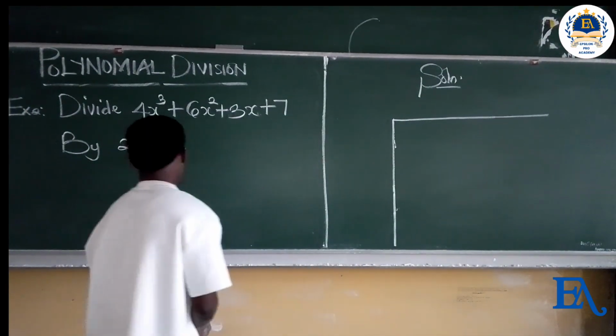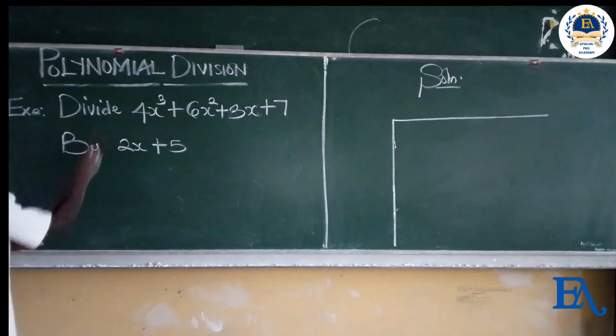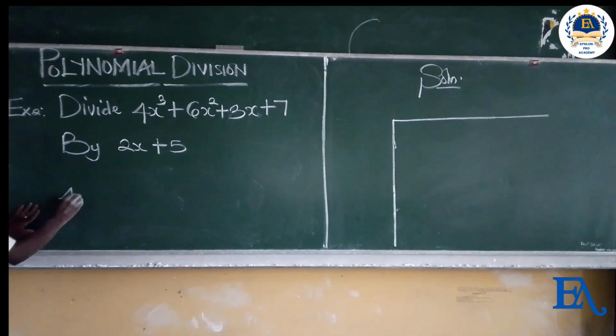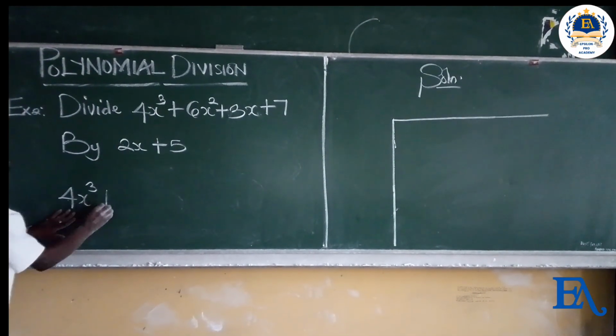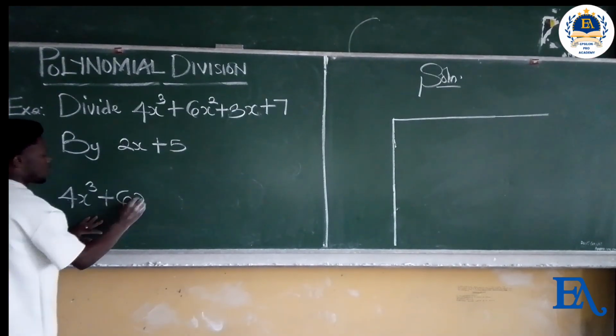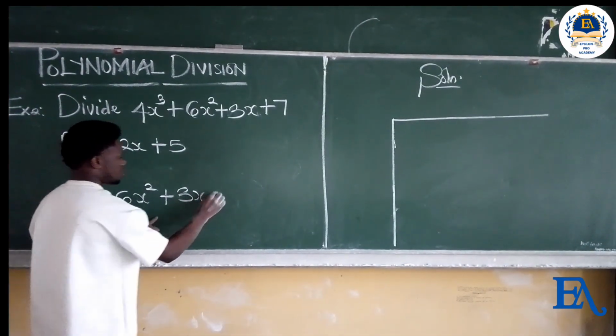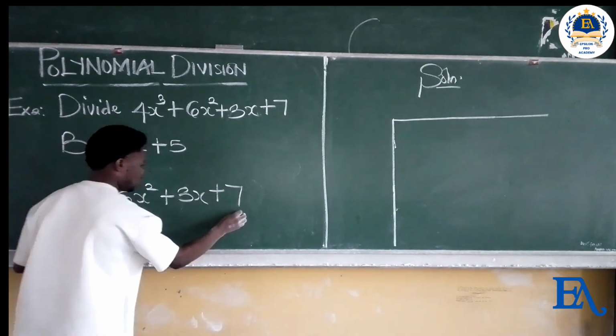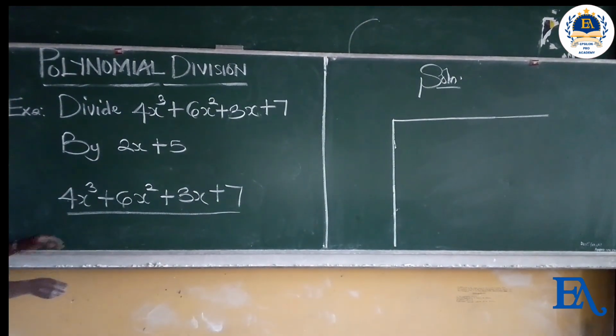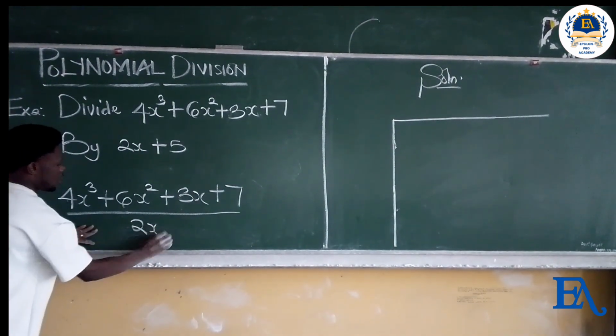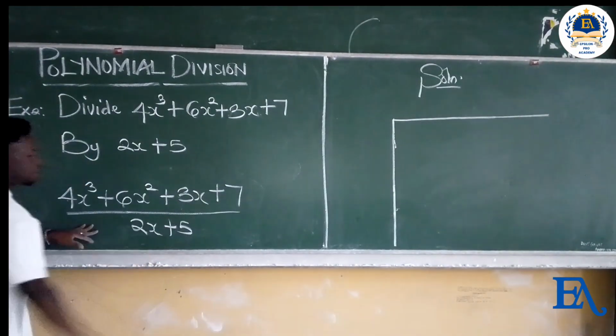This is basically the same thing as 4x cubed plus 6x squared plus 3x plus 7 all divided by 2x plus 5.